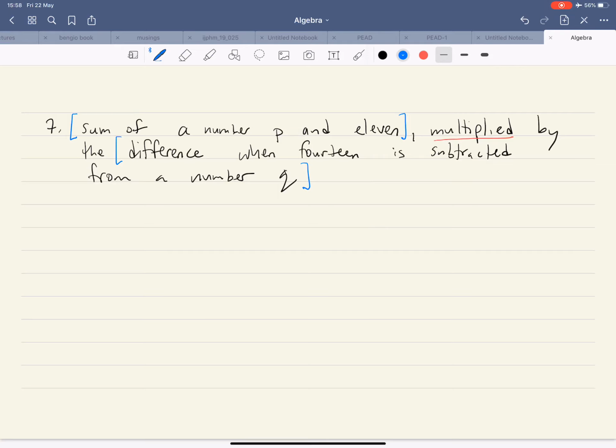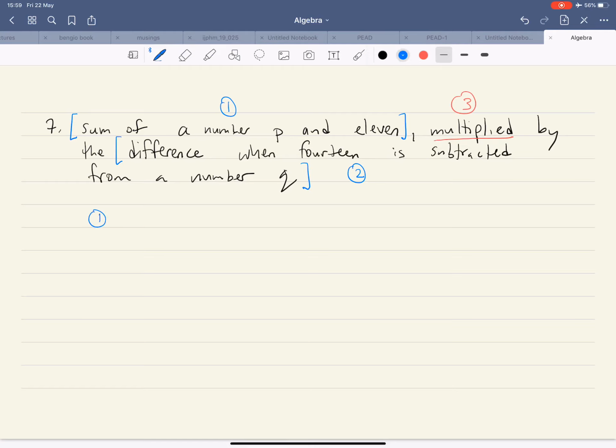Now, if I translate each of these mini phrases, let me call the sum of a number p and 11 phrase 1. The difference when 14 is subtracted from a number q, that's going to be phrase 2. And then phrase 3 is going to be when I combine all of those.